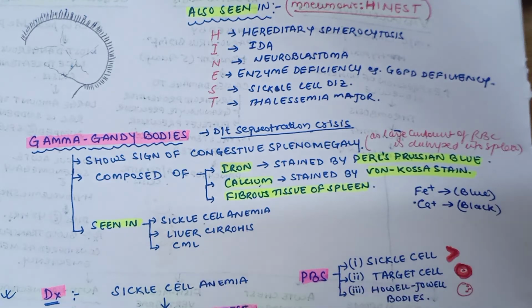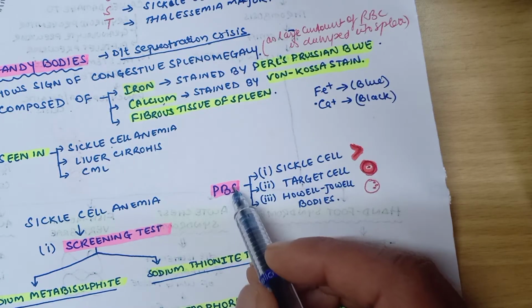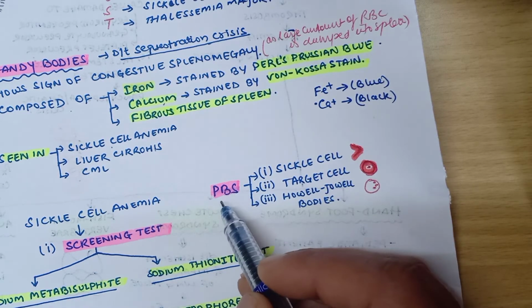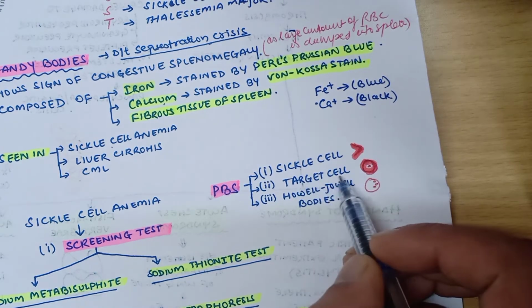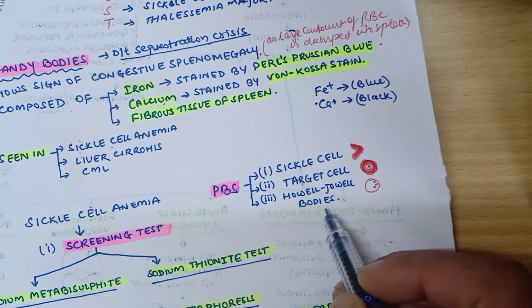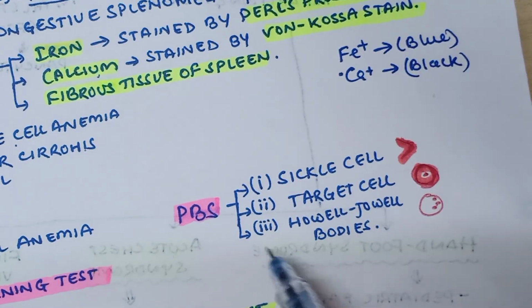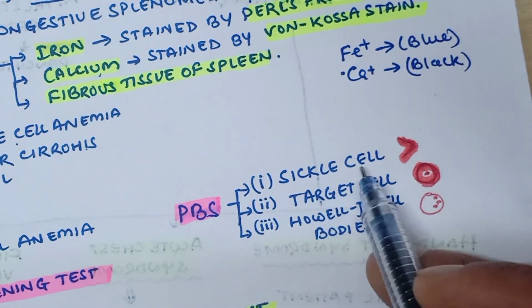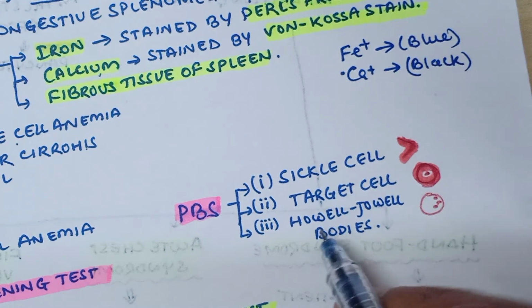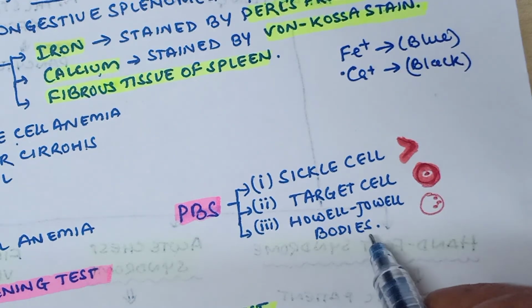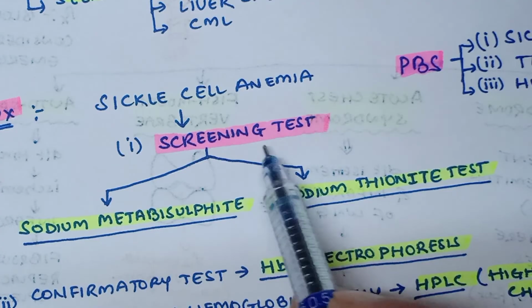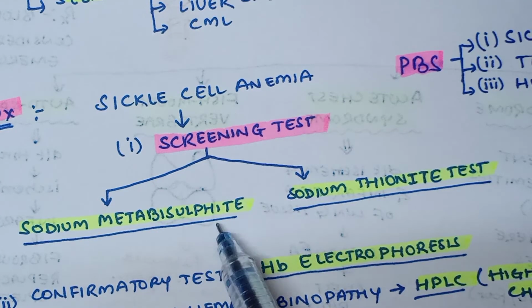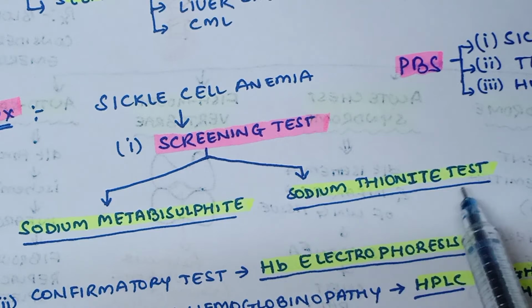Now, coming to the diagnosis, we will look into the peripheral blood smear. This peripheral blood smear will show sickle cells, target cells, and Howell-Jolly bodies. Now coming to the screening test. Screening is done by sodium metabisulfite and sodium dithionite.